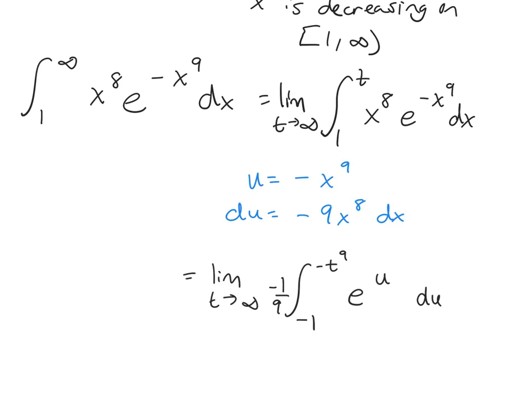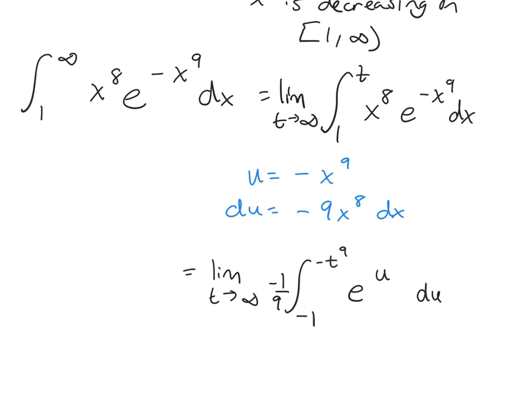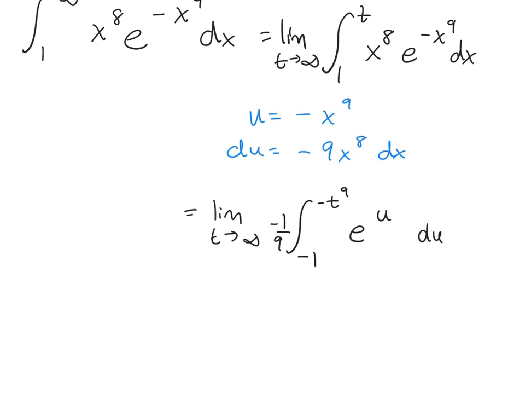Okay. What's the integral of e to the u? E to the u. And this is why I went ahead and incorporated the negative into the substitution, because otherwise you have to make sure you remember there's a minus there, okay? So negative 1/9 e to the u.